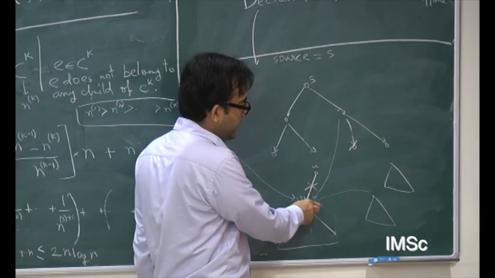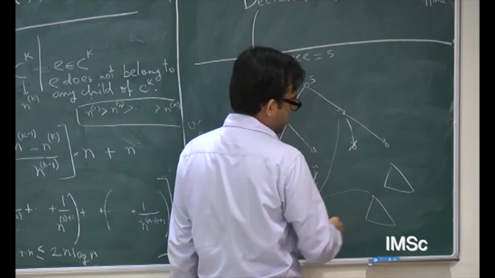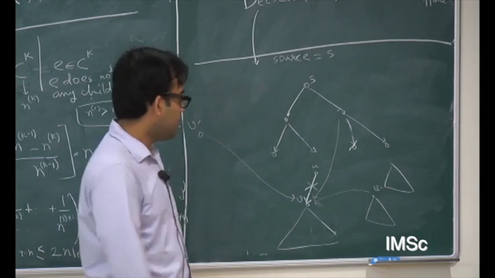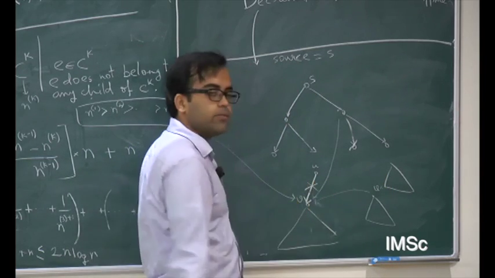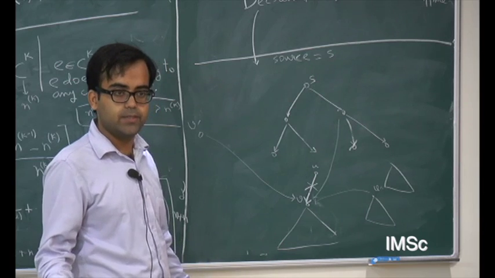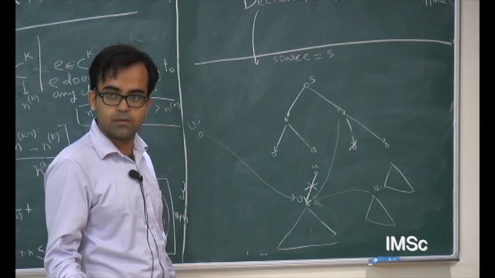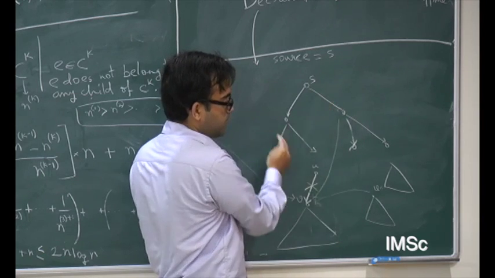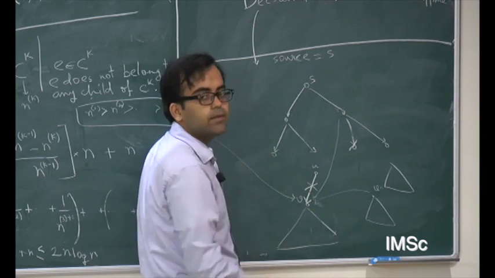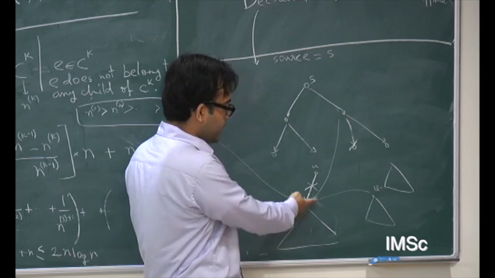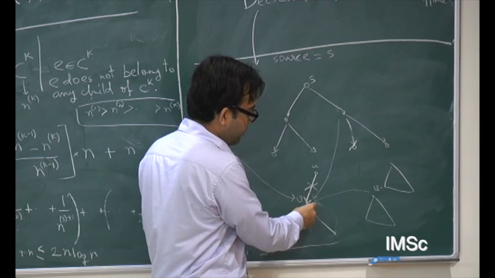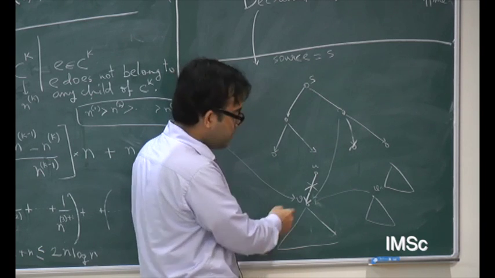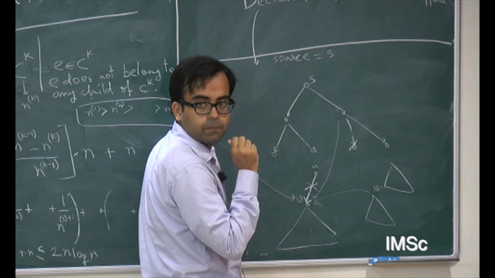If we find an incoming edge to V from some part here, say V double prime, then you can just make V double prime a parent of V, and we will still get a reachability tree. Otherwise, if there is no incoming edge from these other regions of the tree, then we know that V is unreachable. We will take V out, and then we will make each of V's children dirty as before, and do the same thing for each of these children.